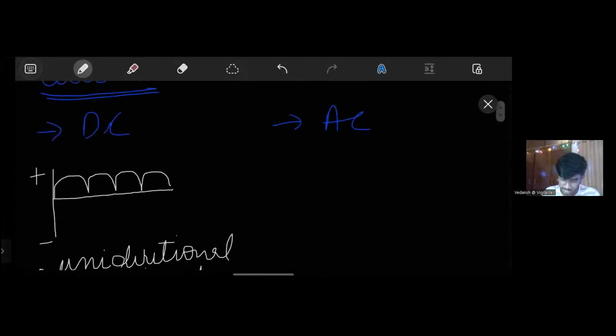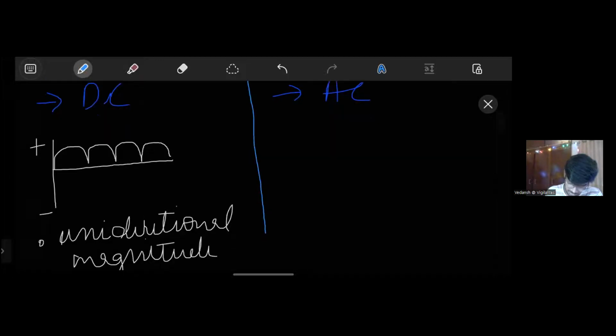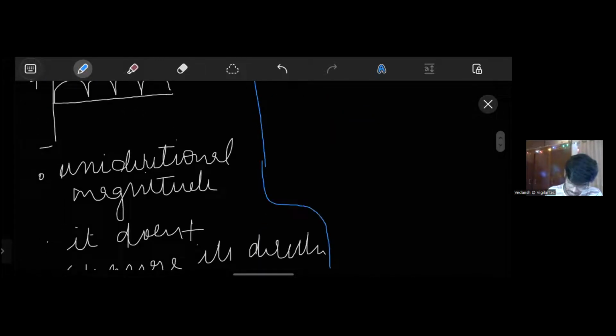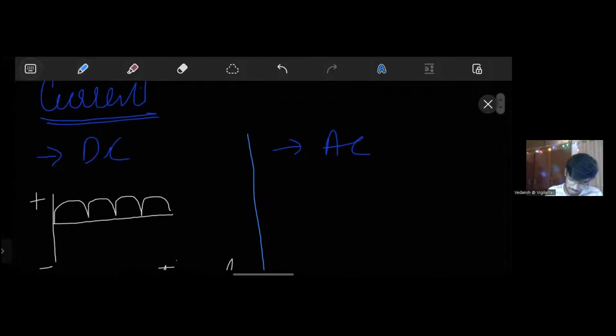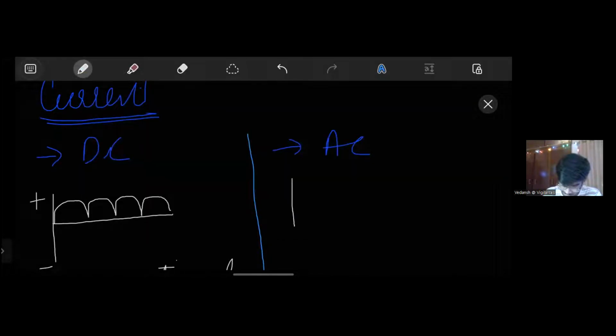Whereas if you look at the graph of alternating current, let me just draw a line over here so that it is more easily understandable. Now, if we look towards AC current, its graph, upon connecting to some spectrometers and appliances, you will find that the graph goes like this in terms of AC current.